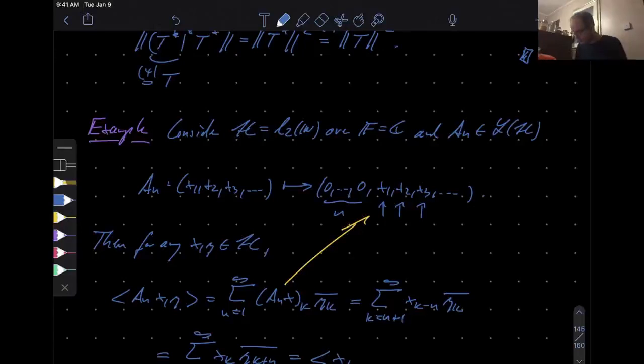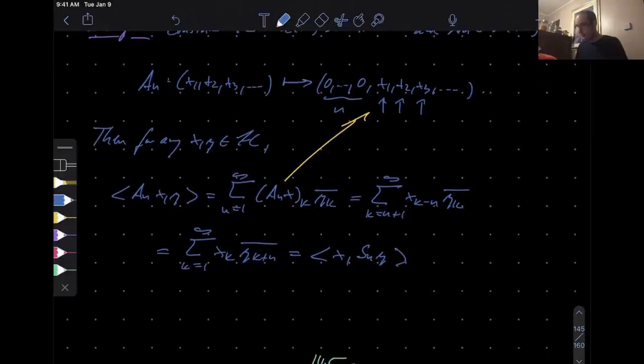And that's precisely what's written here. This is the inner product of x with S_n acting on y. All right, so this shows that the adjoint of the right shift executed n times is the left shift executed n times.